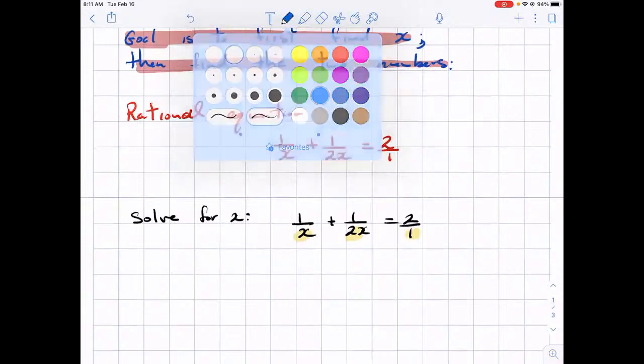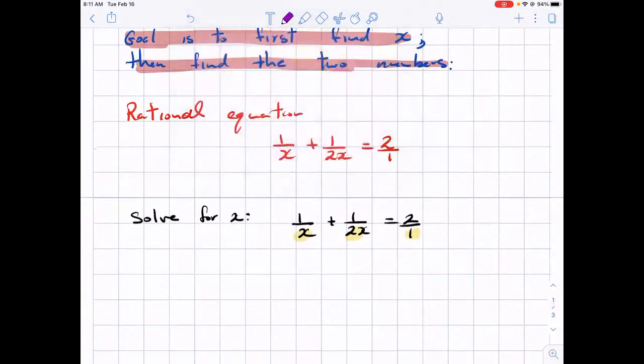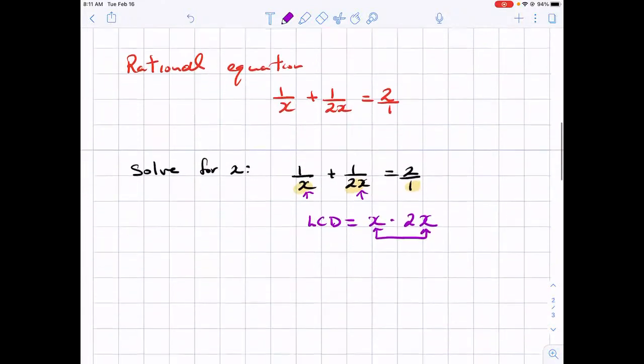The lowest common denominator here, we'll start off with the first term, which is x, and then we look at the next term, which is 2 times x. But notice that the x's are repeated, so this becomes just 2x.